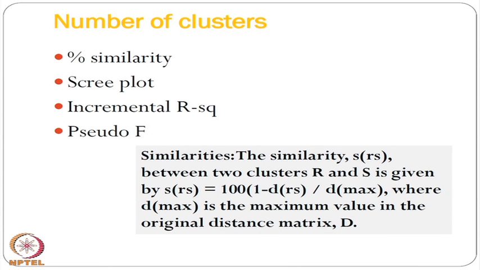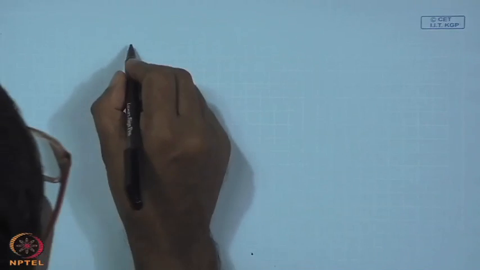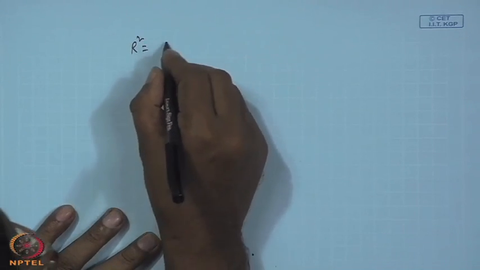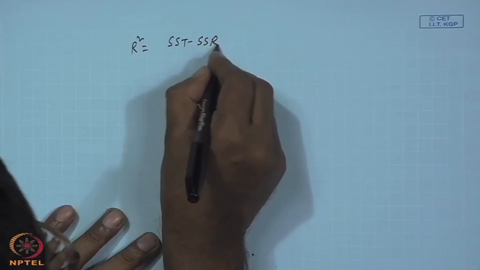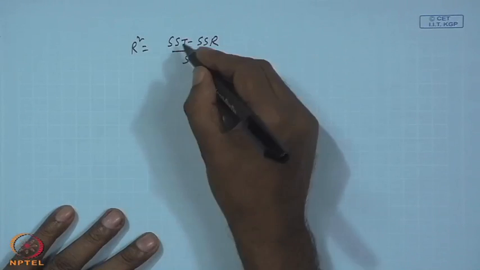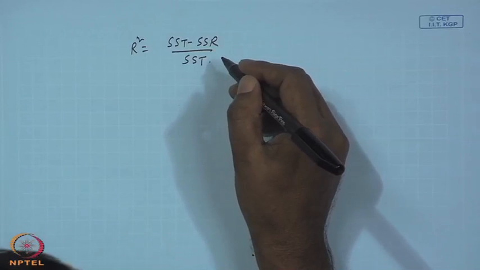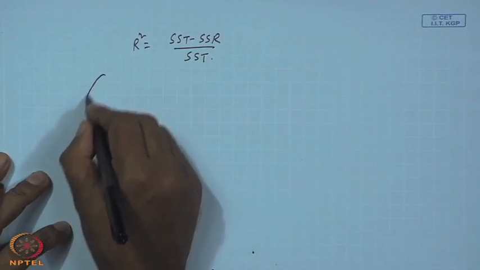Then next one is incremental R square. What is happening there? Basically, all of you know R square in regression. This one is SST minus SSR by SST, that is sum square total minus sum square regression by sum square total. Here we are assuming like this.